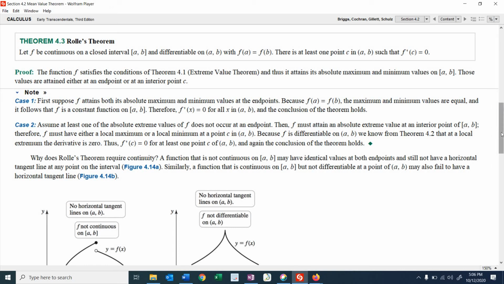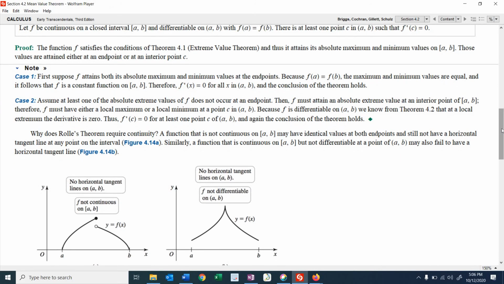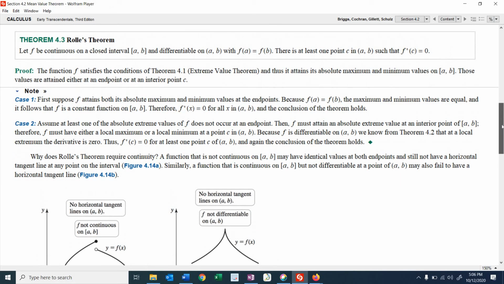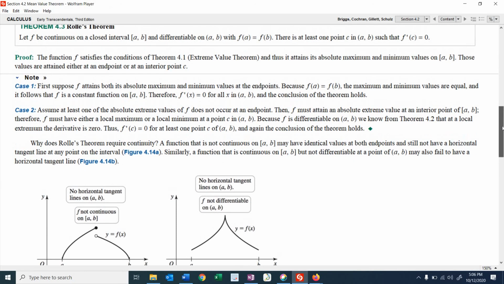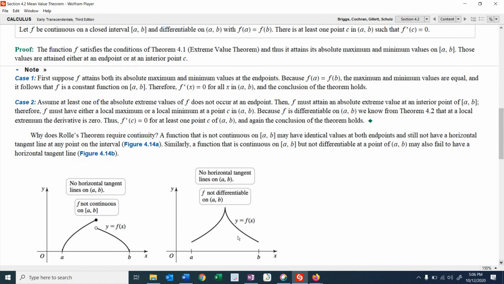Okay, I guess the last thing I want to talk about in this video is, why does Rolle's theorem require continuity? And why does it require differentiability for that matter? There's a couple examples we can look at to check this. Let's suppose that we had a function that wasn't continuous on the closed interval from a to b.